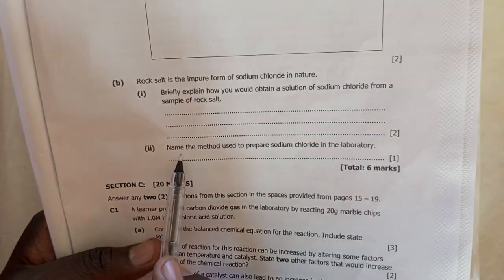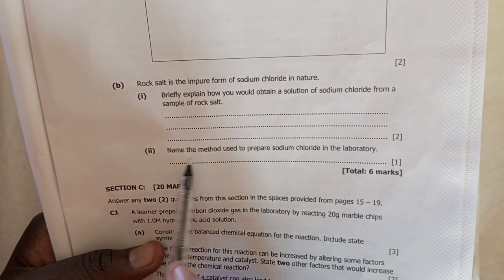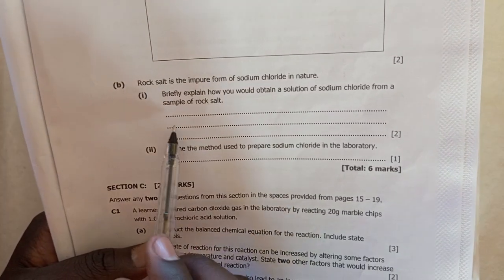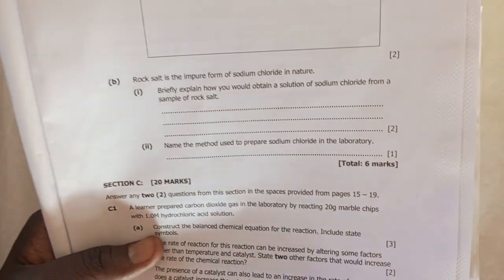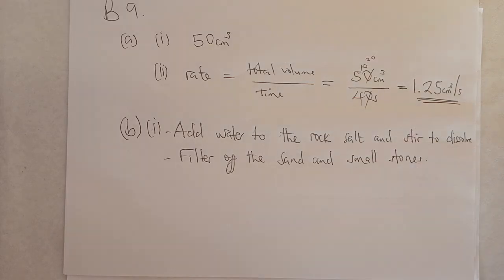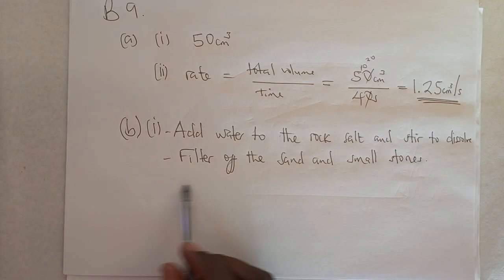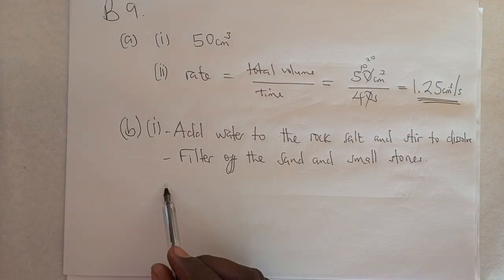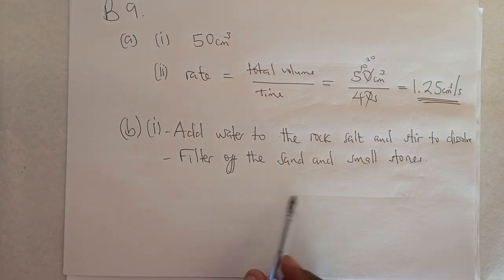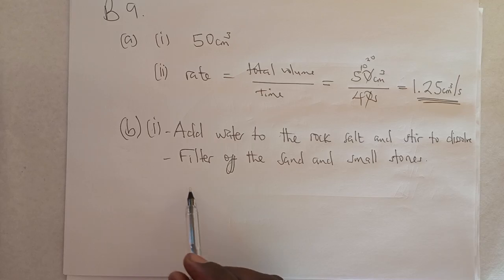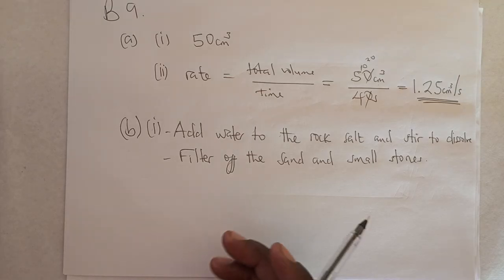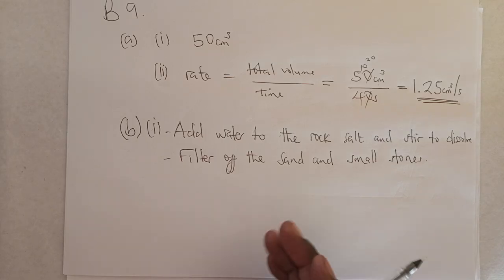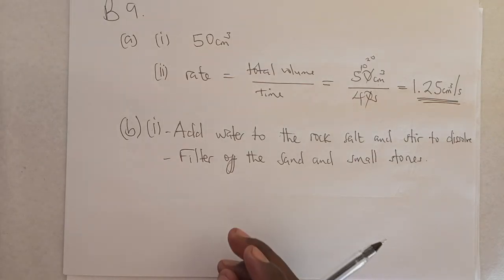Before we go to the next question, let's write the answers to this. So that is the answer. Now one would say, but why didn't we add evaporate or obtain the crystals of sodium chloride by crystallization or evaporation, or evaporate the solution so that you can remain with the solid?